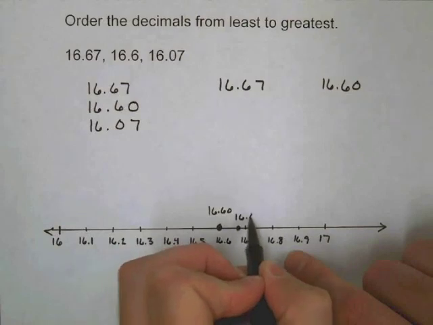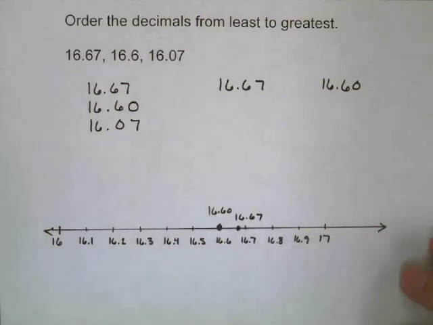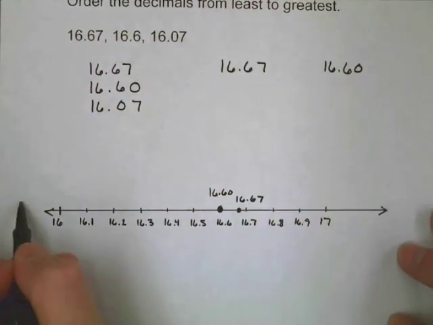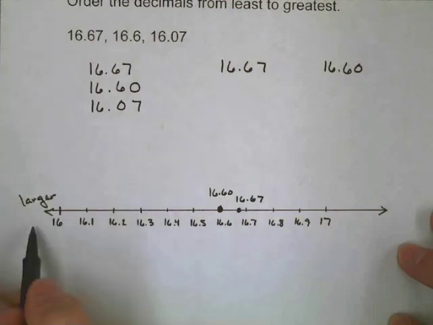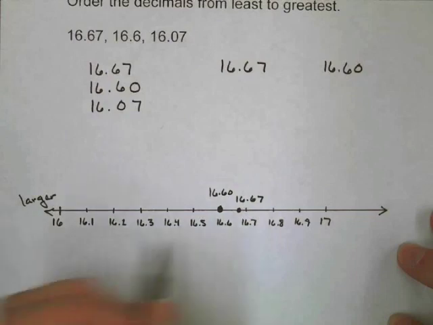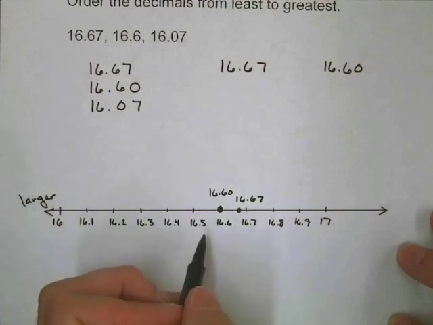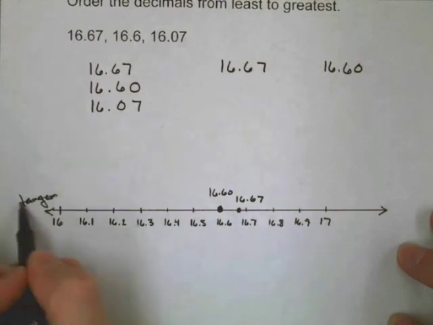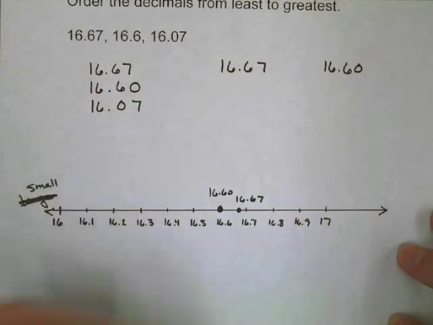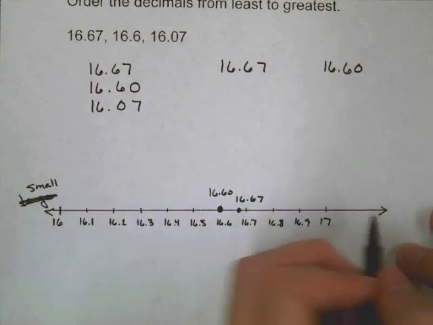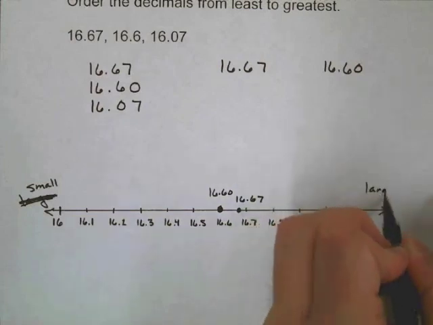So 16 and 67 hundredths. And I remember that my numbers get larger as I go this direction, and actually I have this reversed at the time. So they're getting smaller as I go this way, and they're getting larger as I go up this direction.